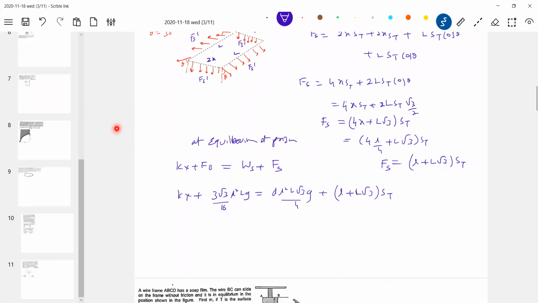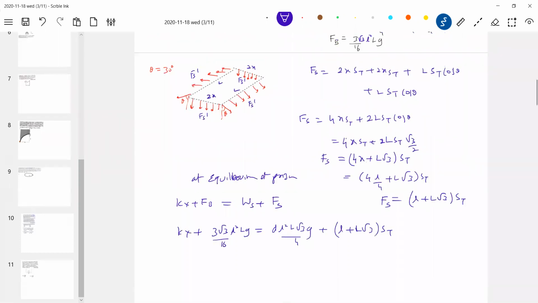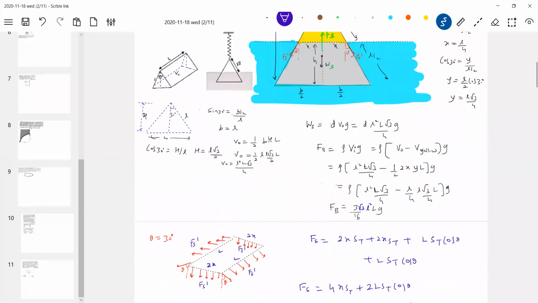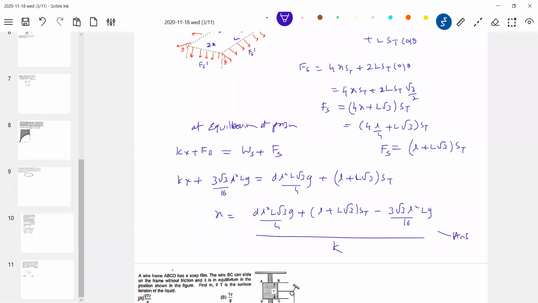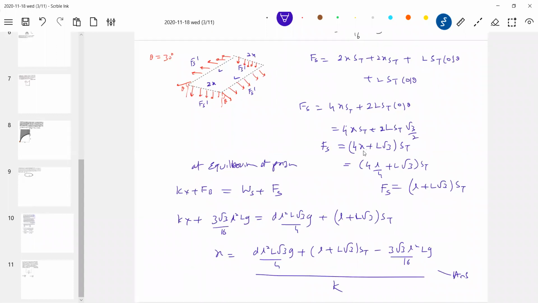I'm writing ST for surface tension, I think the symbol S you might have given. So what is asked now? Calculate the extension in the spring. So solve for x.